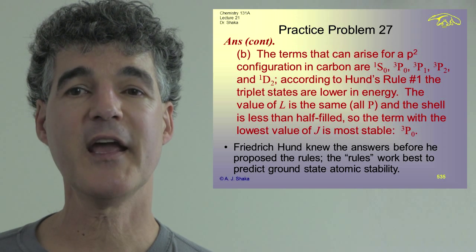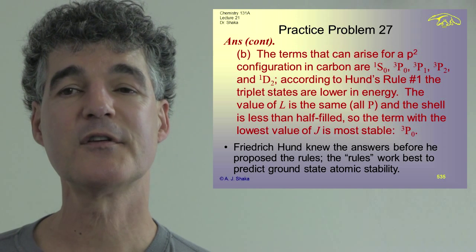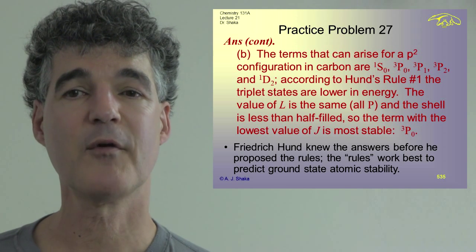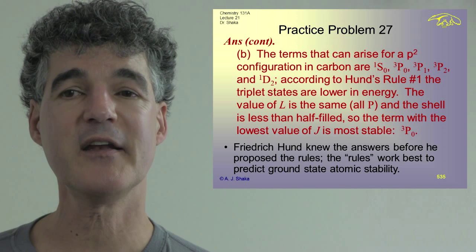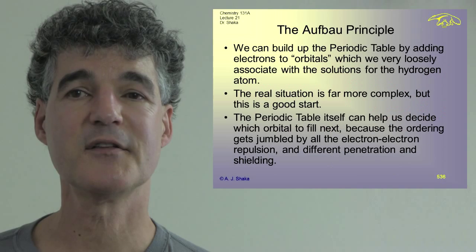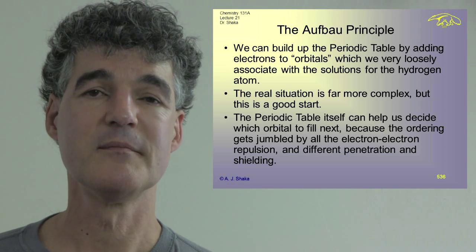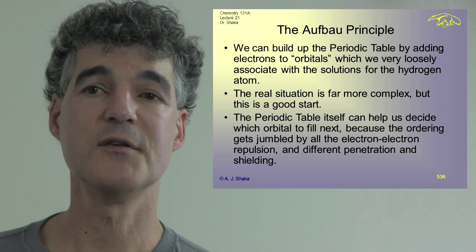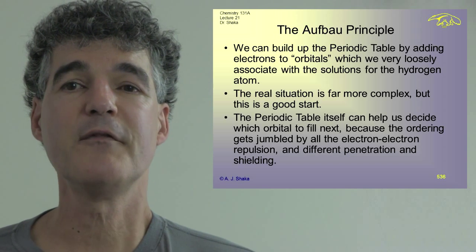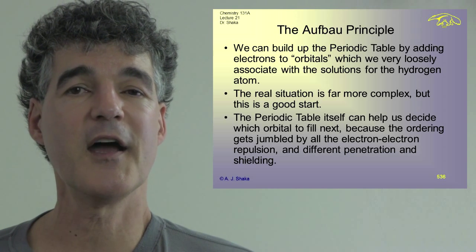Now Hund knew the answers before he proposed the rules, and the rules are generalizations. They work best to predict the ground state and not necessarily for excited states. We can build up then the periodic table by adding electrons to orbitals, which we very loosely associate with the solutions for the hydrogen atom.